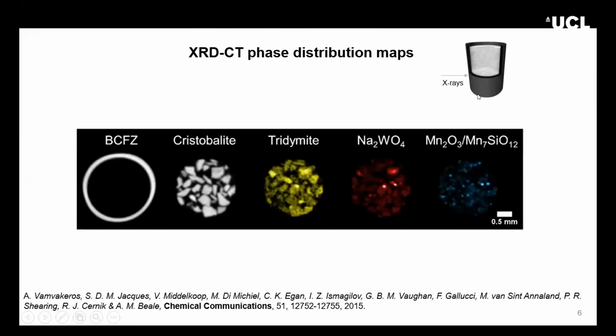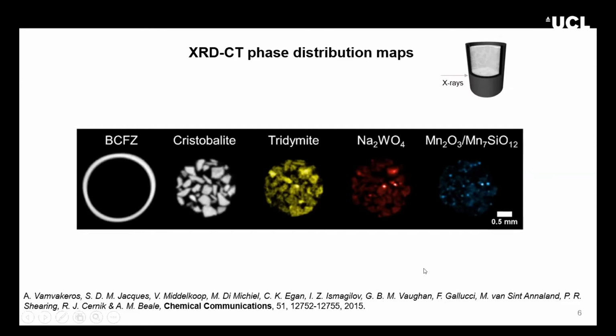This is just a mock-up of what we've got, a tube with some content. We take a cross-section, and by this diffraction imaging technique, we can differentiate between two similar, compositionally similar materials. So these are polymorphs of silicon dioxide, cristobalite and tridymite, and we can differentiate those with these components here, which we know to be catalytically active.